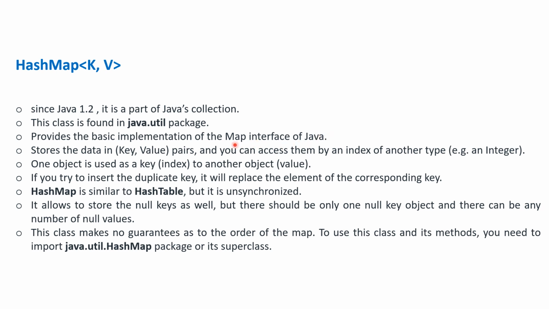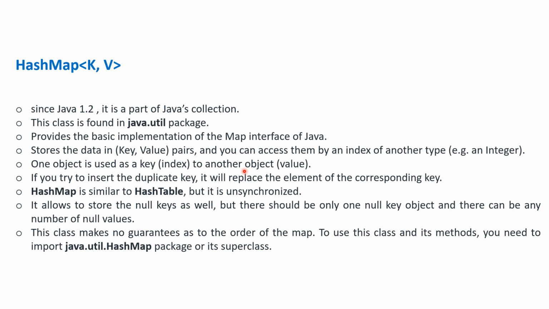Whenever we want to implement the Map interface, we mostly go for HashMap. It stores the data in key-value pairs, and you can access them by an index of another type. One object is used as a key index, and the other object is the value.